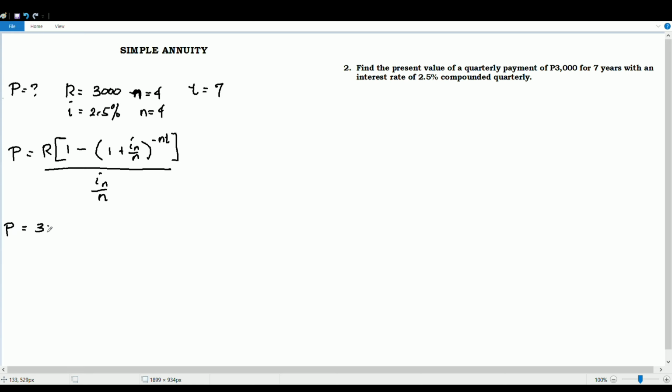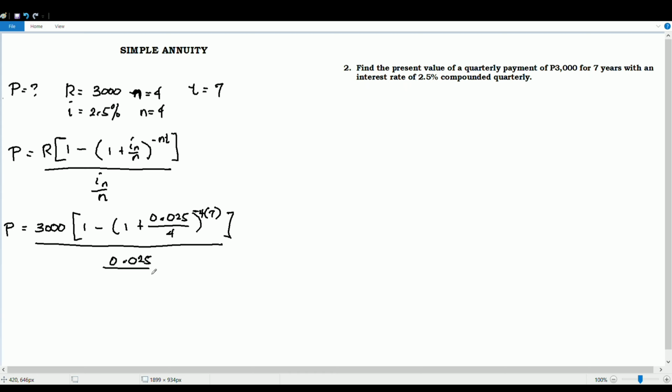Substituting the values, we have 3,000 pesos multiplied by 1 minus 1 plus 0.025 over 4 raised to negative 4 times 7, close bracket, over 0.025 over 4. Now let's simplify first the numbers inside the parentheses.